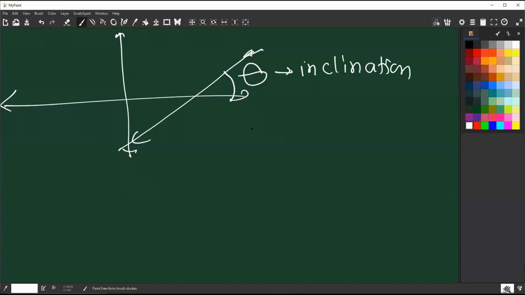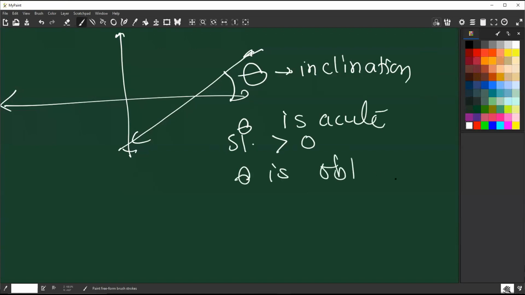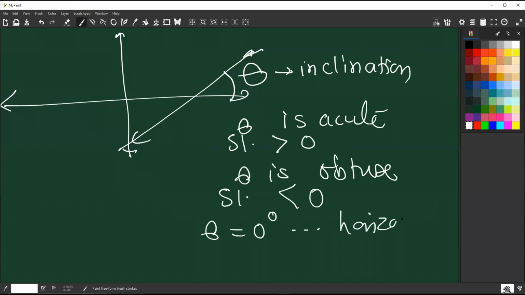Now if theta is acute, slope is positive. If theta is obtuse, slope of the line is negative. If theta is 0 degrees, that is, the line is horizontal, parallel to the x-axis, then slope is equal to 0.